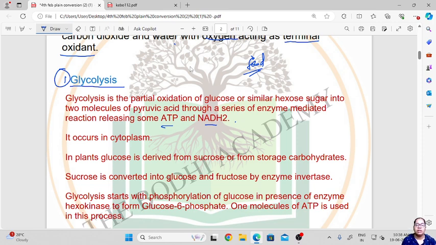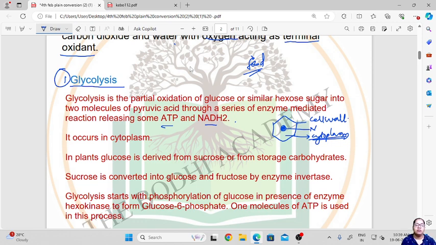We all know that a cell is the basic structural and functional unit of life. It will have a cell wall, then this is the nucleus, and this is the cytoplasm of the cell. In the cytoplasm of the cell, this glycolysis process occurs.